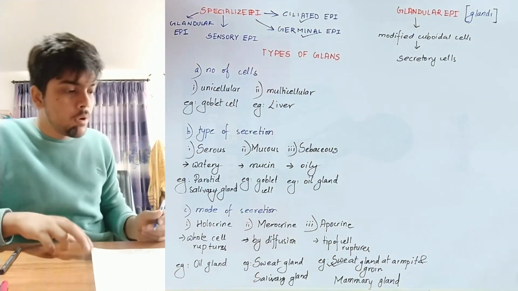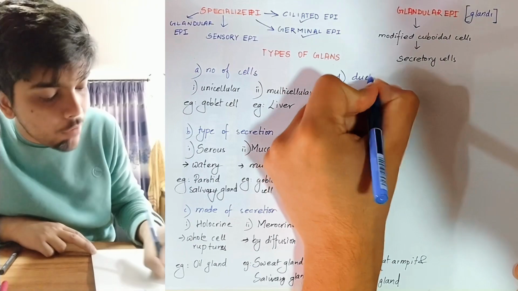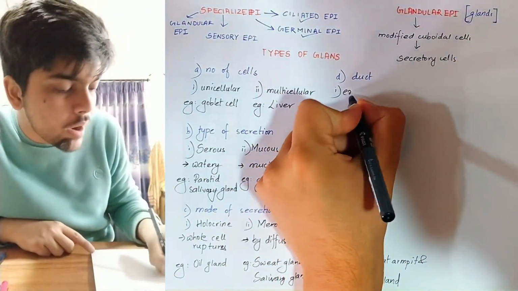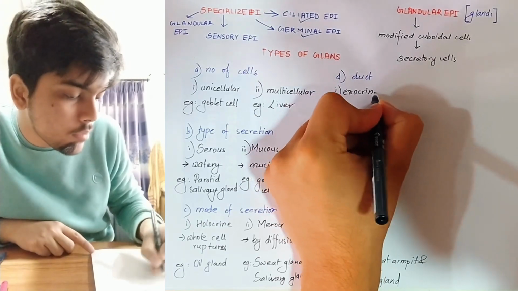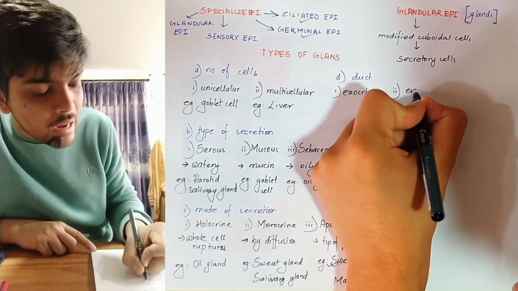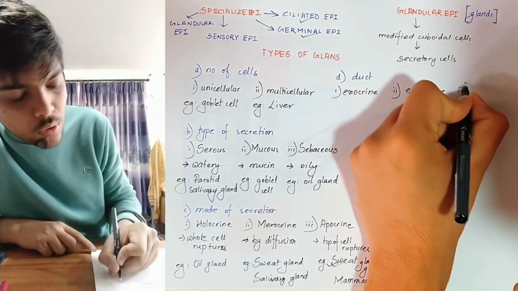Okay, then on the basis of presence or absence of duct, you have exocrine gland, you have endocrine gland, and heterocrine gland.